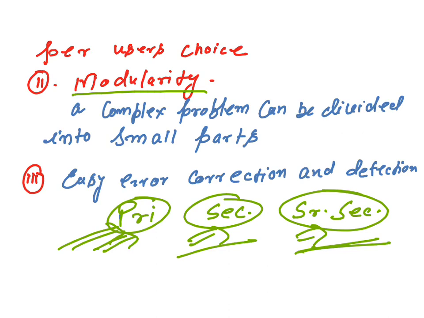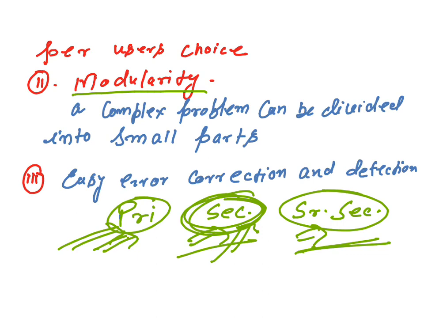It will save your time, and you can easily correct the problems. The same will happen for the other 2. If some problem is there in the secondary, you just go to the secondary module and modify it, and it will not affect your senior secondary and primary modules.